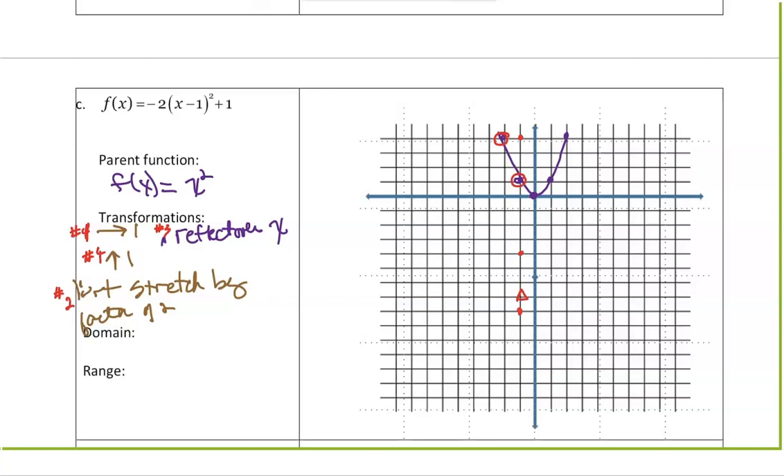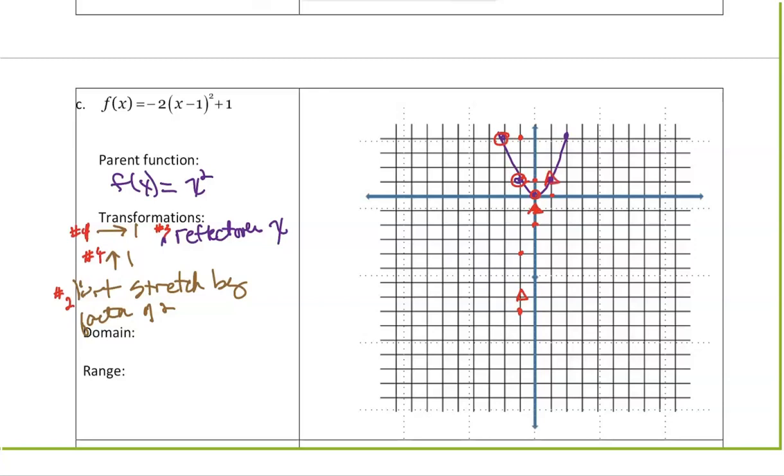Okay, over here, I'm going to go right 1. So that puts me here. I'm going to flip over the x-axis, multiply that by 2, and then I'm going to go up 1. That puts me here. Take my original vertex, go over 1, flip over the x-axis, times 2, and then up 1 puts me right here.